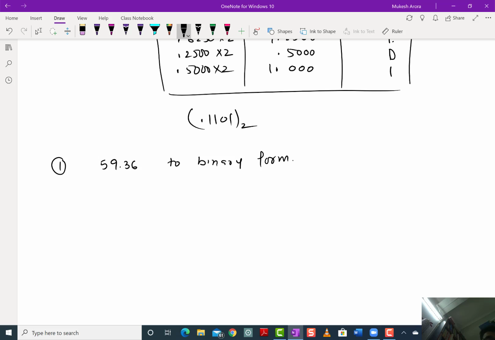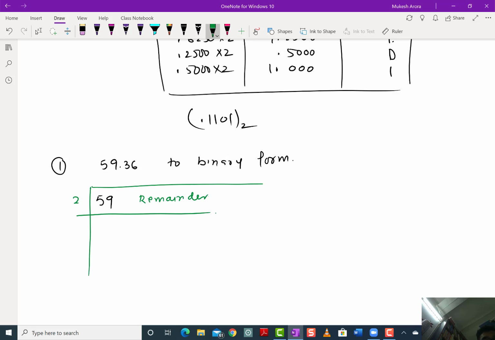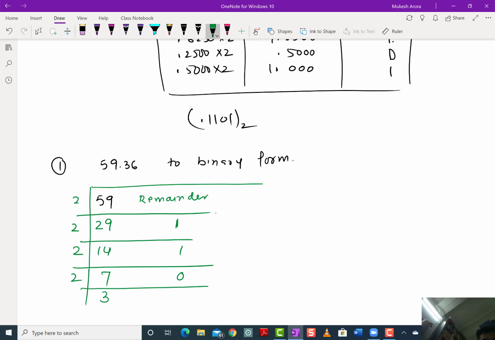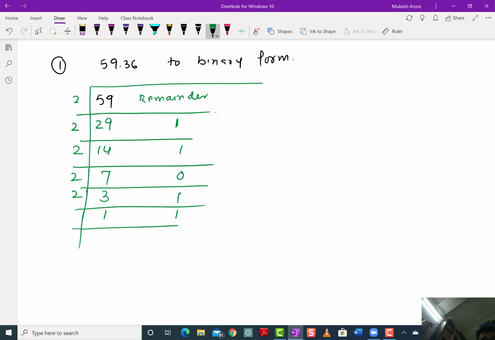We have to convert 59 separately, with the remainder, divided by 2. 59 divided by 2 is 29, remainder is 1. 29 divided by 2 is 14, remainder is 1. 14 divided by 2 is 7, remainder is 0. 7 divided by 2 is 3, remainder is 1. 3 divided by 2 is 1, the remainder is 1, and 1 divided by 2 has remainder 1. So the answer for 59 will be 111011.